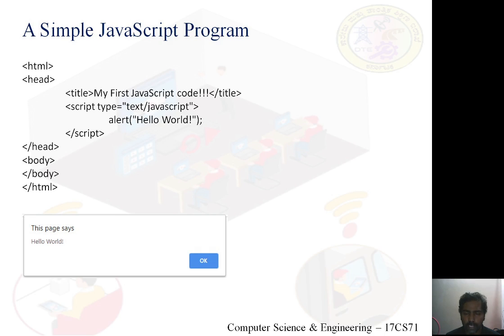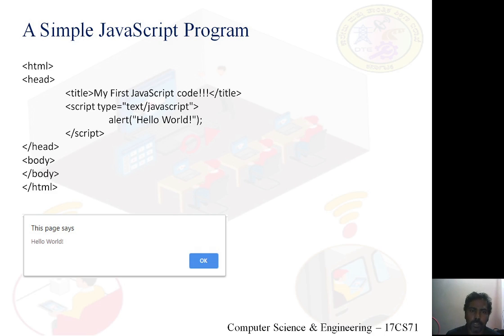Here I have written JavaScript embedded in this HTML file, and it includes only one instruction, which when executed pops up a window on the browser that displays the message hello world.